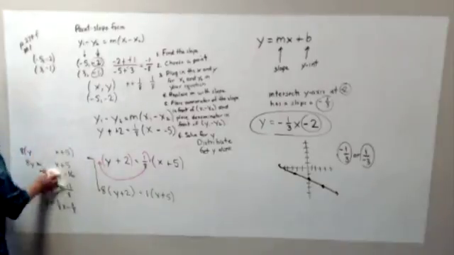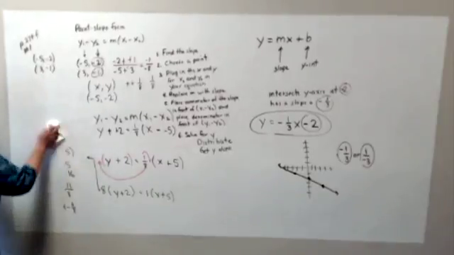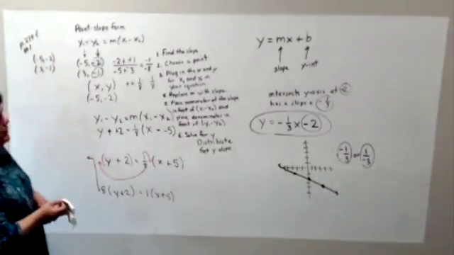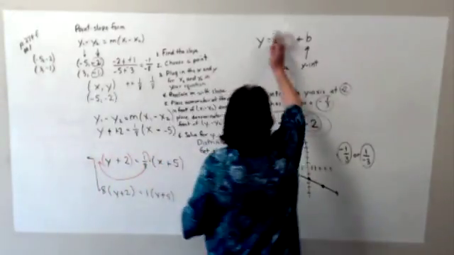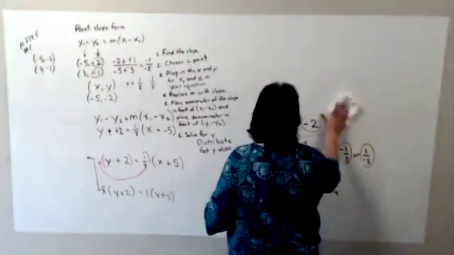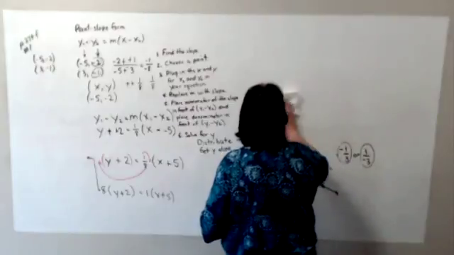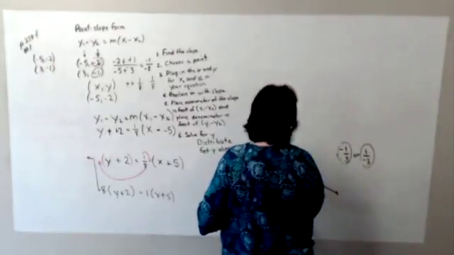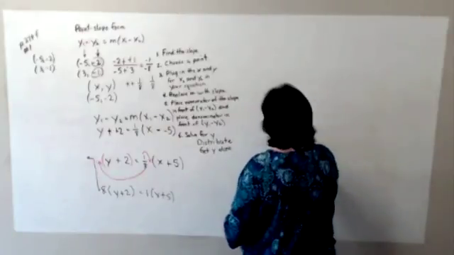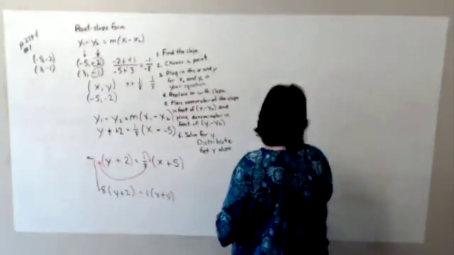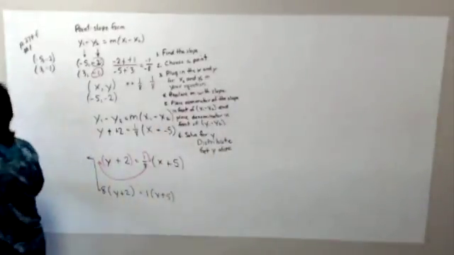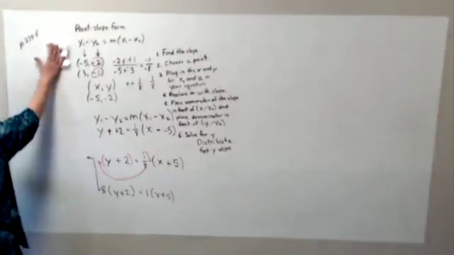So everyone, try number 2. Go through the steps. I'm going to erase the board. I'm going to leave the steps up here. Sorry, I spelled coefficient wrong: C-O-E-F-F-I-C-I-E-N-T. Okay. So I'm going to erase this problem, and I'm going to work on number 2 on this page.